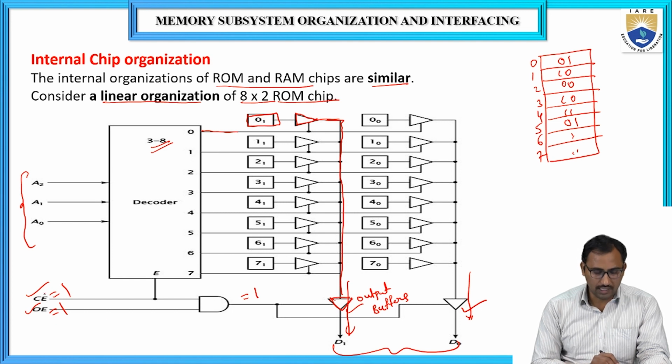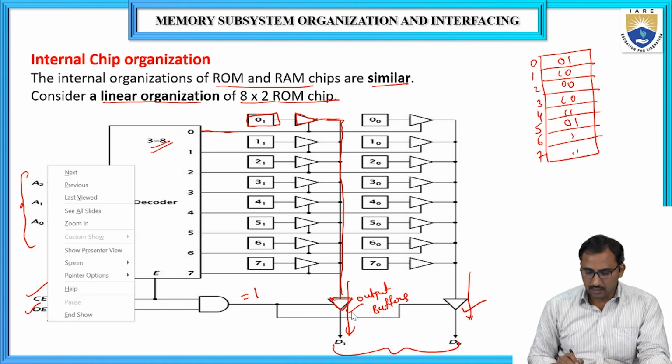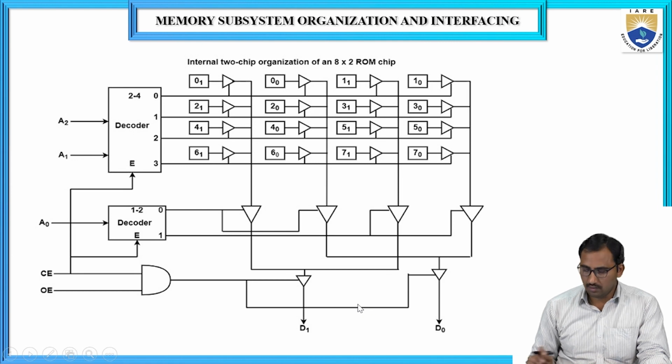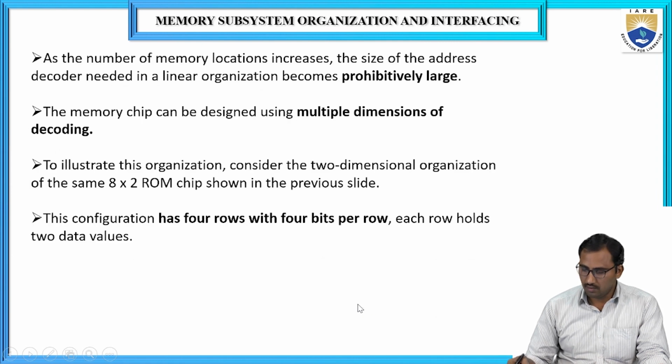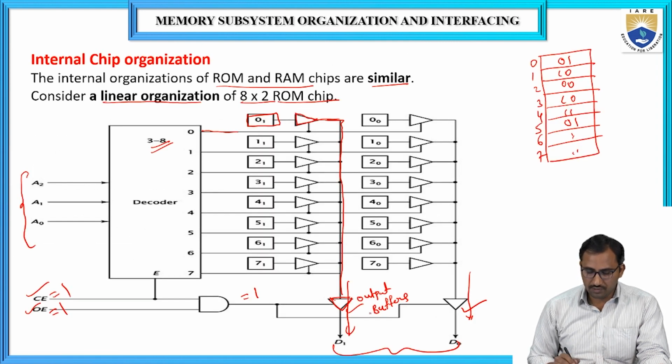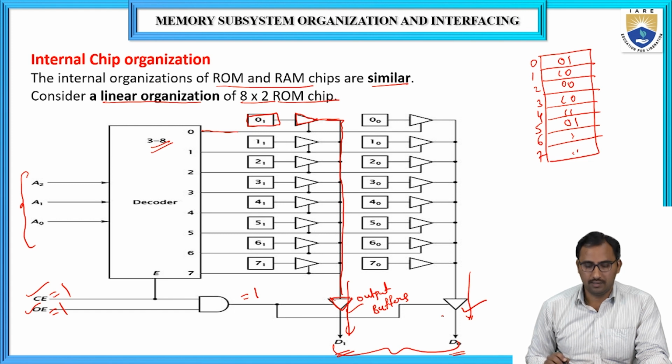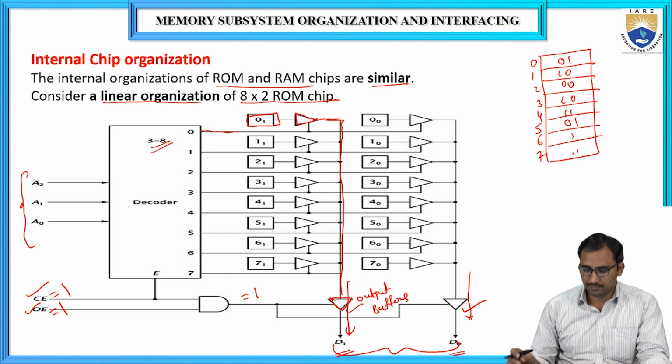And finally, with CE and OE equal to 1, the output buffers will be enabled. Then we can read the data with the help of the data lines D0 and D1. So this is the internal chip organization of the 8x2 ROM chip.